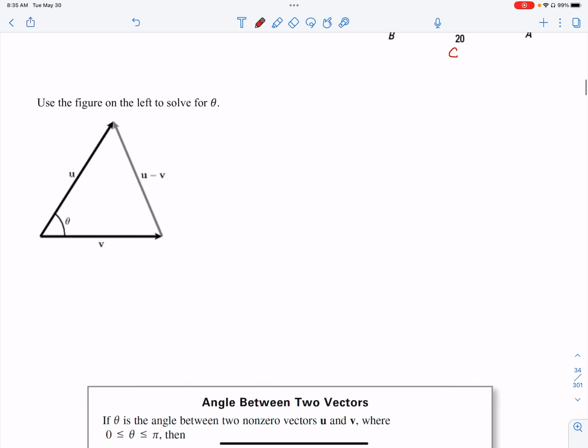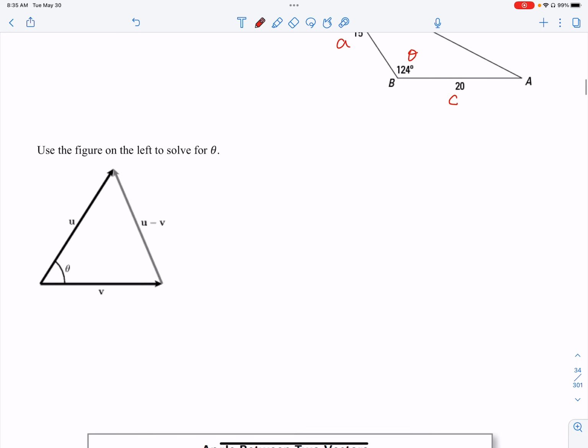Okay, let's start here. Notice that I have a vector u, and I have a vector v there. If I want to make a triangle out of it, connecting them gives u minus v. One thing I do want to note: if we're talking about the sides of this triangle, it is not u, but the magnitude of u. The magnitude is the length of that side. U is the vector.